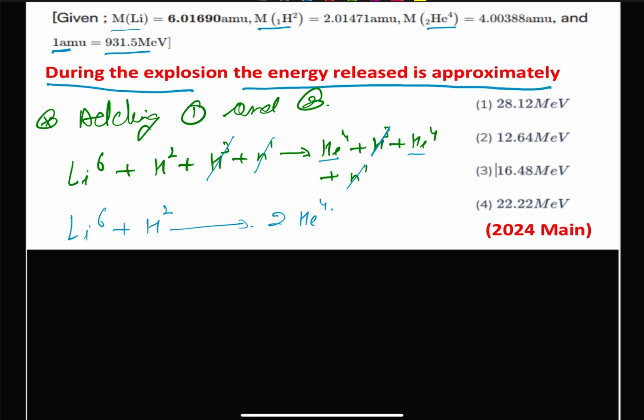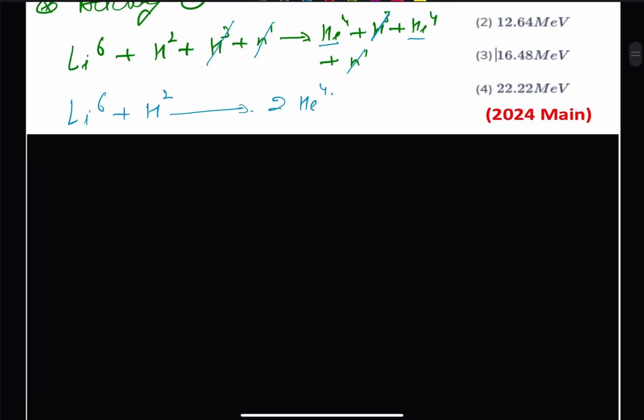Now because we have to find out the energy released, we are going to find out the mass defect, and from there the energy. So we can just combine the formula and directly write the energy released, that is Q equal to delta M C square.